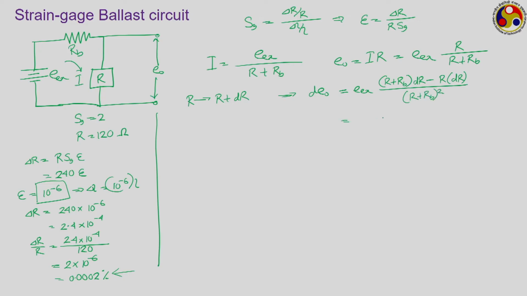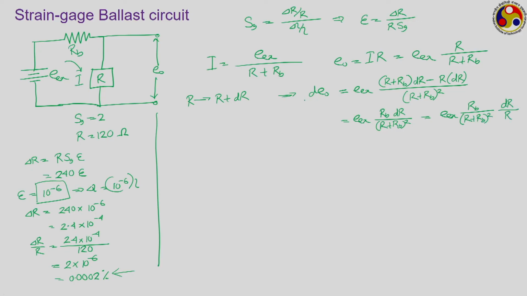In the numerator R dr cancels out. So, we have Ex into Rb dr by R plus Rb whole square, or we can also write this as Ex into Rb by R plus Rb whole square into dr upon R.